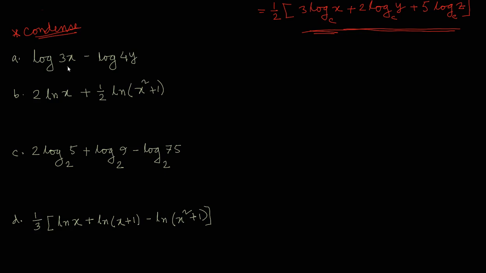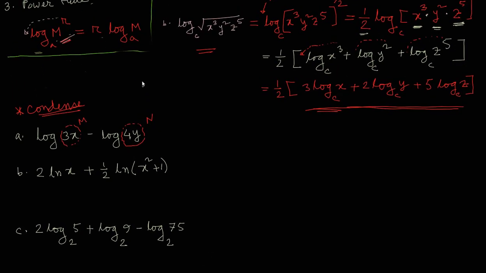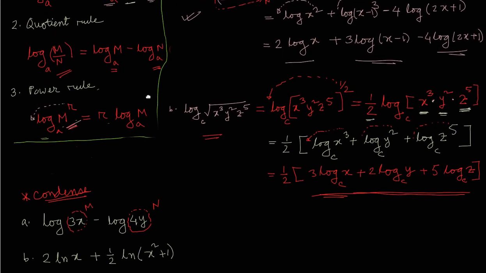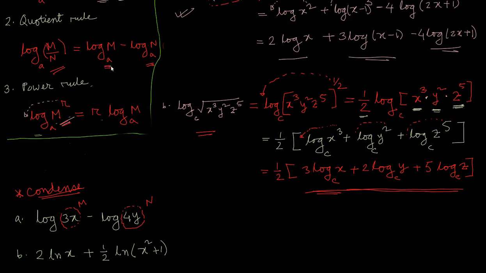So let's say my 3x is my m, and let's say 4y is my n. So what I have is logarithm m minus logarithm n. If you look at our quotient rule, logarithm m minus logarithm n is what? Logarithm m over n.